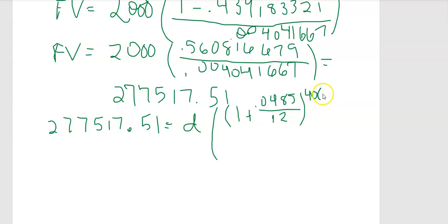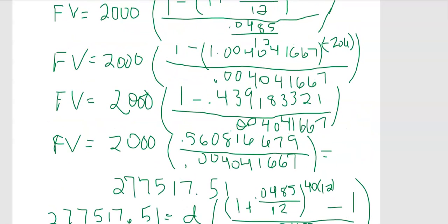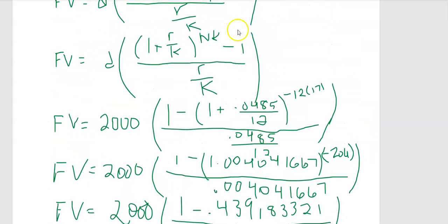Right here. Going to save for 40 years. And then the bottom has really part of the top in it. So we have just filled into the savings annuity formula. This one here.